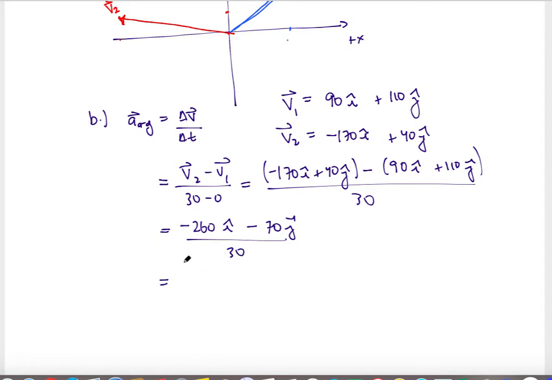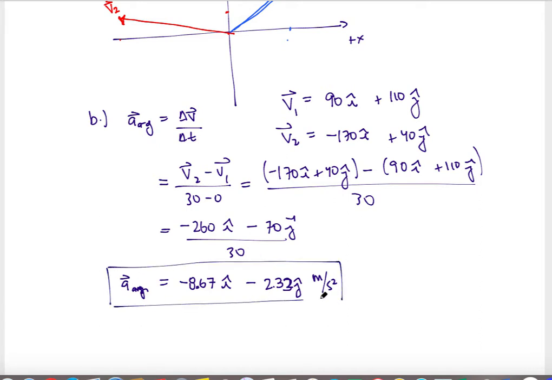So plugging this in and doing a little calculation where I'm not left with fractions, I see that my average acceleration works out to be negative 8.666, which we'll round to 8.67 in the i hat direction, minus 2.33333, which we'll round to just 2.33 in the j direction, and this is going to be meters per second squared. So this is my average acceleration vector.